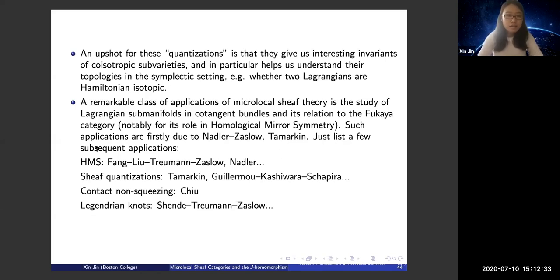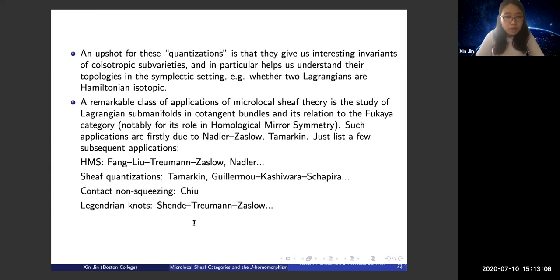Let me list a few subsequent applications, though of course I omitted many important, interesting results. For homological mirror symmetry, first we have the joint work of Fang, Liu, Treumann, Zaslow, who proved homological mirror symmetry for toric varieties, and Nadler proved homological mirror symmetry for the pair of pants, which is a non-toric case.